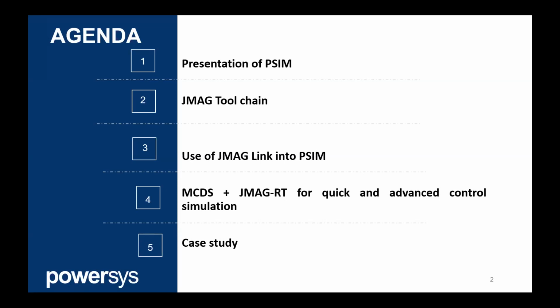You can couple the motor control design suite from PSIM with JMAG-RT, for example, and then you can drive your motor. And at the end, we will show you a case study that DJ and I have done, by using all the links between PSIM and JMAG, and also the motor control design suite. This is the goal of this webinar.